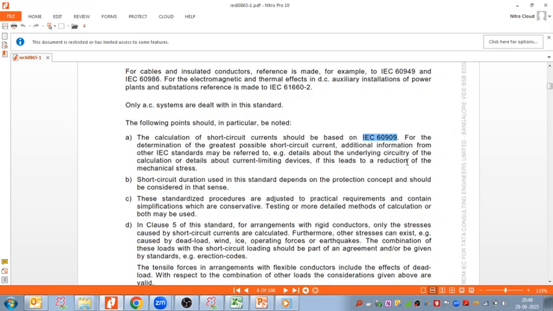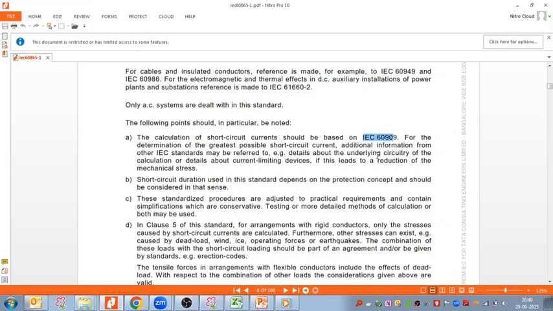So instead of taking the value from the calculation based on 60909, we will follow the short circuit current based on the grid regulations or country-based regulations, which would be higher than the value coming from 60909.